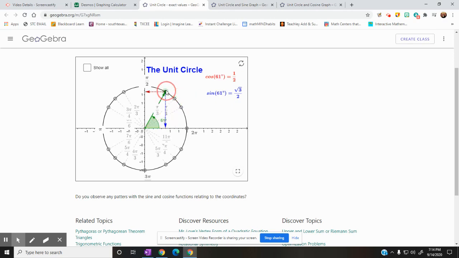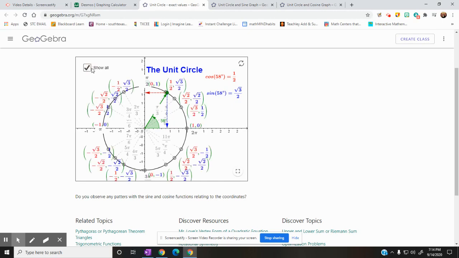And then this one, you can see something. I wish this was a lot easier to mess with. Okay, so I'm not going to show them all.